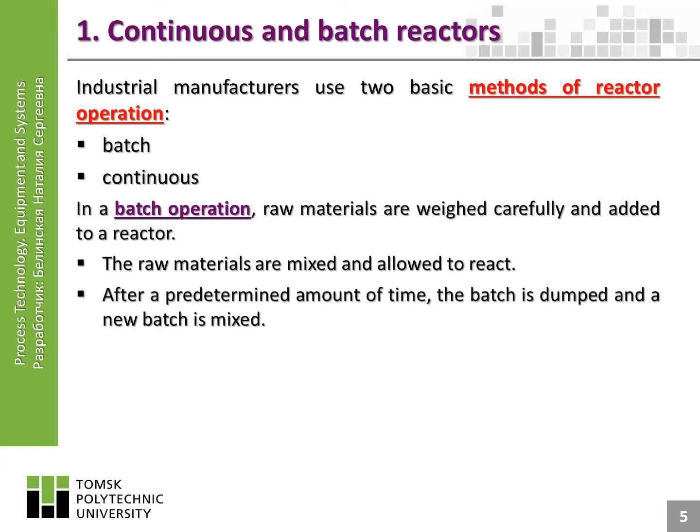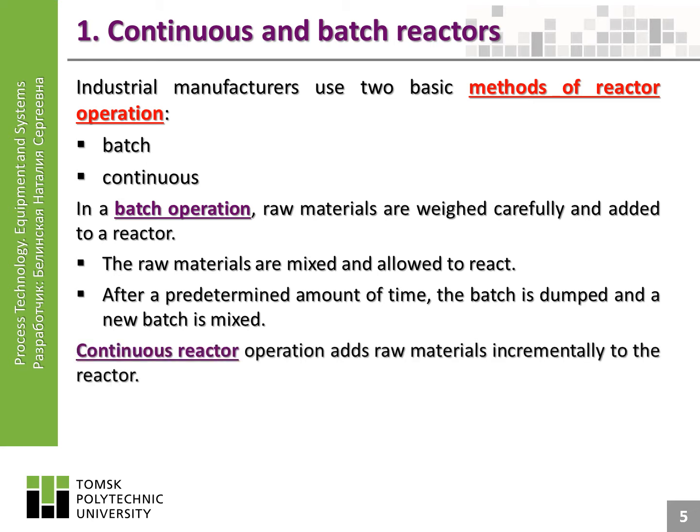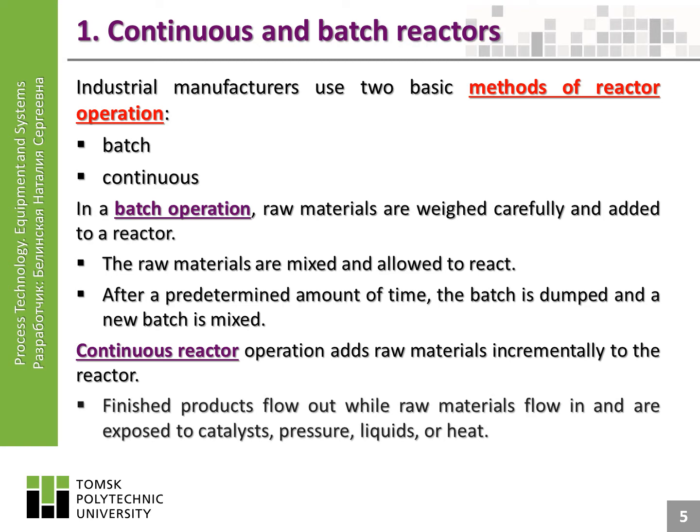After a predetermined amount of time, the batch is dumped and a new batch is mixed. Continuous reactor operation adds raw materials incrementally to the reactor. Finished products flow out while raw materials flow in and are exposed to catalysts, pressure, liquids, or heat.